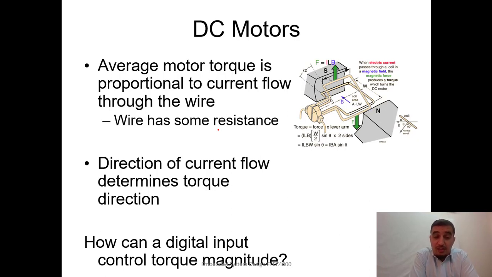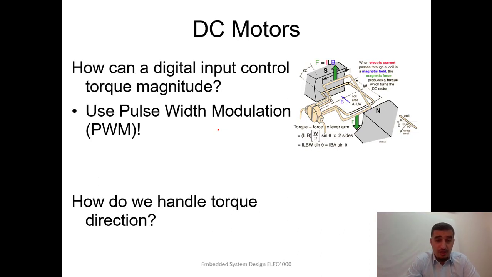Now the direction of the current flow basically determines the torque direction. We can flip the direction of the movement of the motor by changing the direction of the current. Now, how can a digital input control the torque magnitude? We use pulse width modulation.